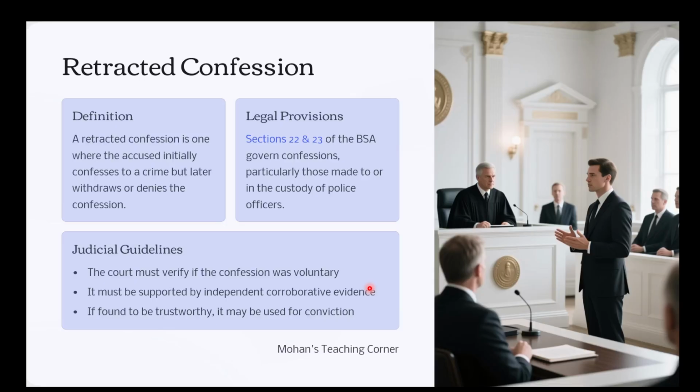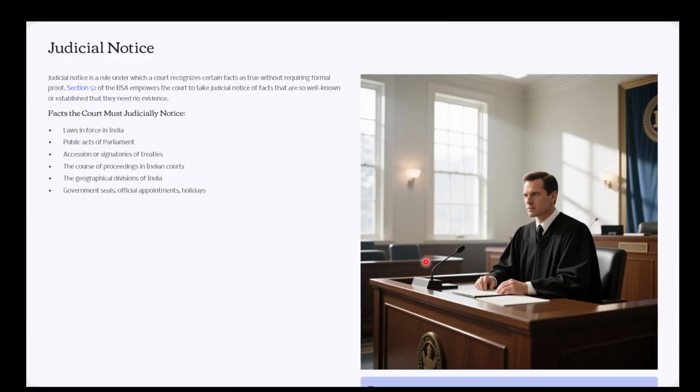The court must verify if the confession was voluntary. It must be supported by independent corroborative evidence. If found to be trustworthy, it may be used for conviction. This is about the retracted confession, mentioned in sections 22 and 23 of the BSA.